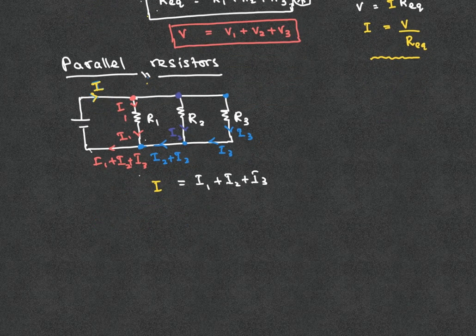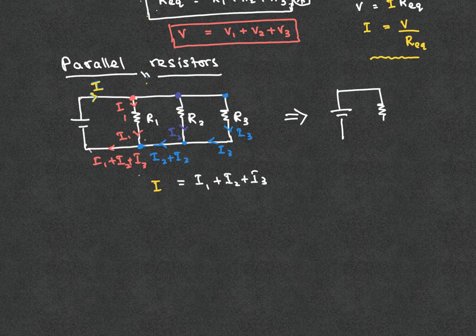Now we do the same thing as before. We get rid of all these resistors R1, R2 and R3, and we get the R equivalent here. The voltage is like that, just like before, and the main circuit current goes around.